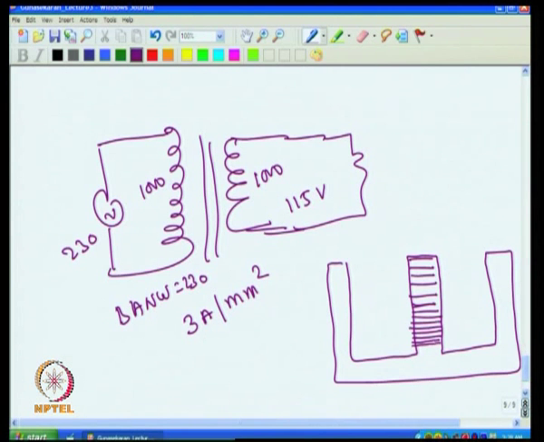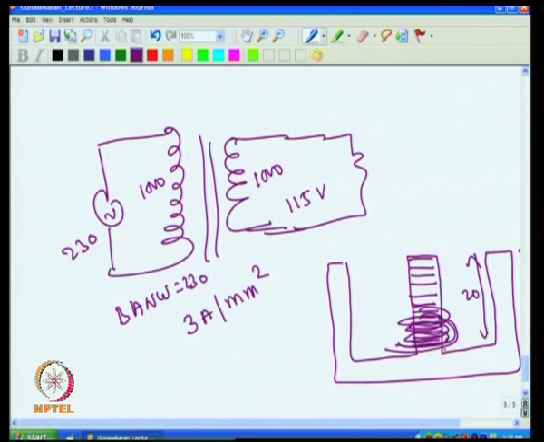It starts with 1, then you will be able to put 20 turns, because this length is 20 mm. Then the next question is the next layer. I will wind the next layer here, then the third layer, then the fourth layer.